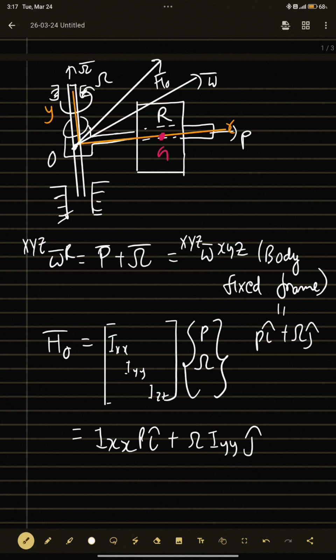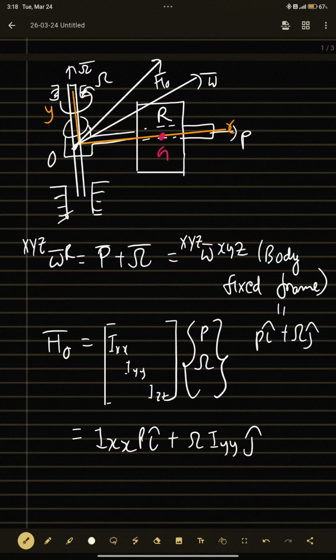Anyone with a different answer? Remember, the body fixed frame is not just rotating like this. Suppose my hand is the omega, how is it moving? It moves like this, and that is how it traces the space cone. I don't know whether I've inclined it enough. Now is it fine? And this is my axis.